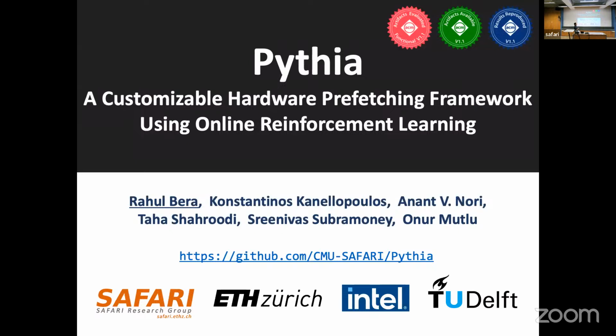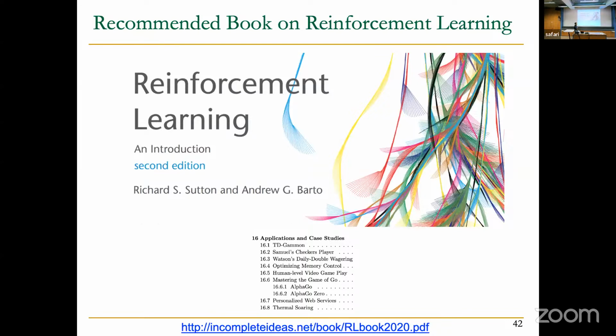And again, I'm just going to reinforce this part, that it's an online model, right? So it just keeps on learning online itself. And if you're even more interested in reinforcement learning in general, right? So definitely check out this book. That's the Bible of reinforcement learning, right? By Sutton and Barto. So you can see more sophisticated, recent examples of reinforcement learning, AlphaGo, AlphaGo Zero, as well as more theoretical aspects of reinforcement learning, right?